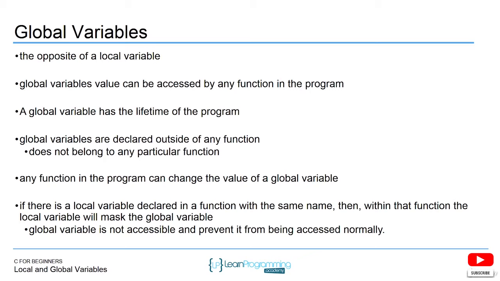So the global variable is not accessible when you have the same name, and it will not be accessed within that local function. So don't use the same names, because it's just going to be confusing. Advanced programmers will immediately notice this and say, hey, this is just modifying the local variable, even if they see a global variable with the same name. But for beginners, it's not always very clear.